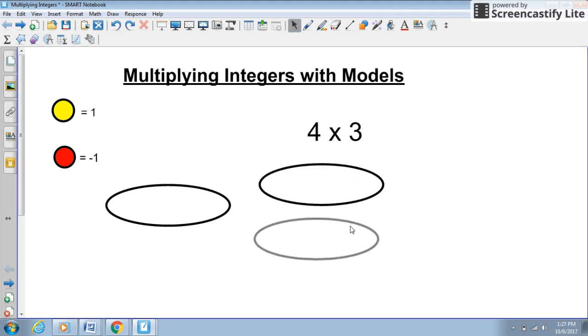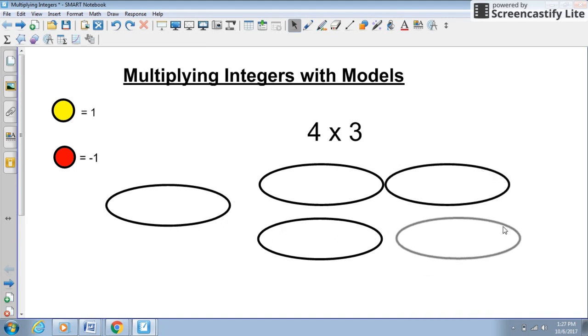So I'm going to go ahead and make my 4 groups. I have 4 groups now, and now I need to put 3 positives in each group.